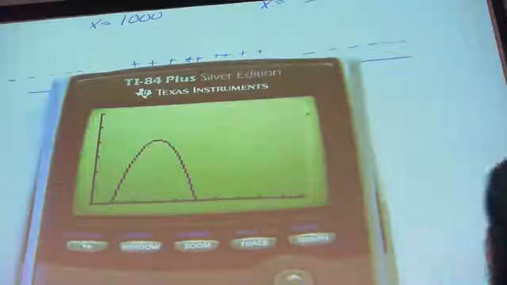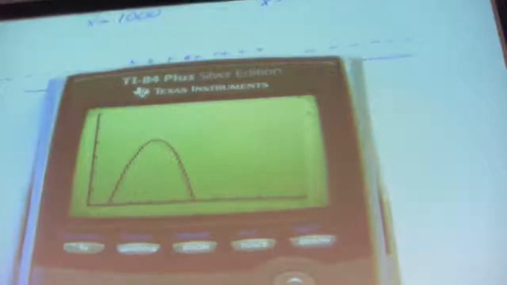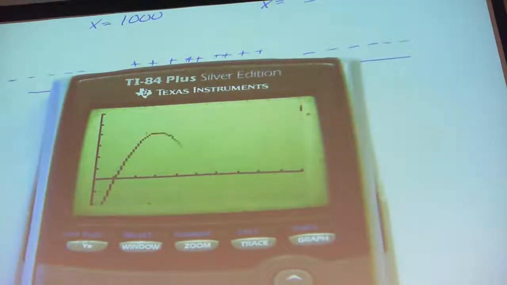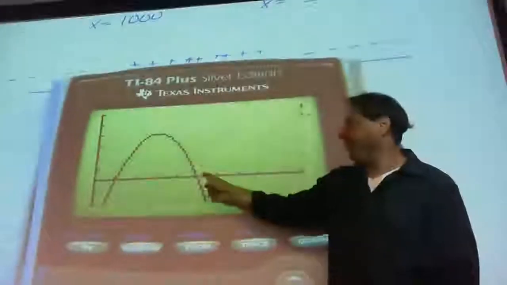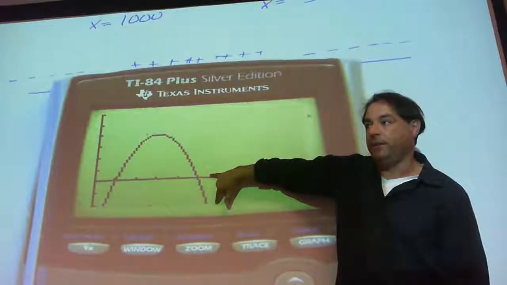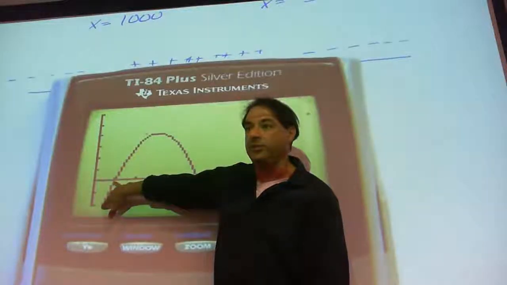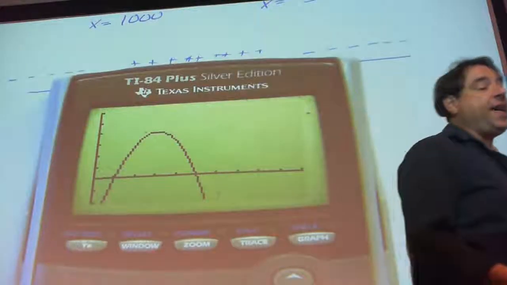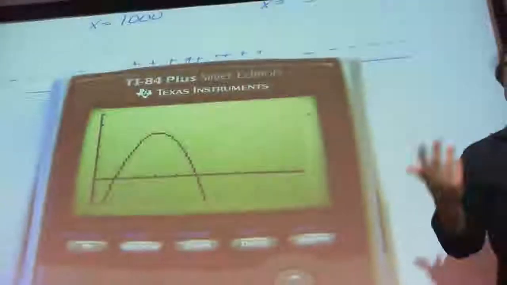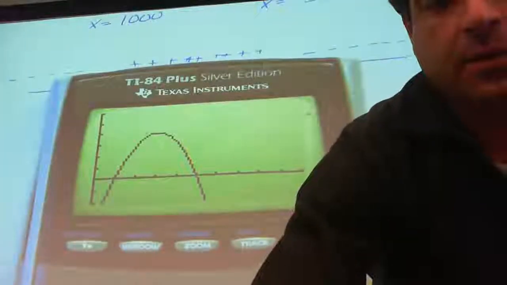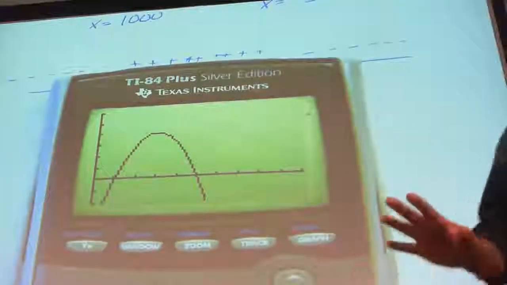If I looked lower, if I made my y go from like negative 2,000, let's just say, after 5,000, you lose money, negative results. Before 1,000, it's below 0. Are we okay? So all that can be checked in a calculator. This is just giving you another way. Okay? And that's it. That ends 2.